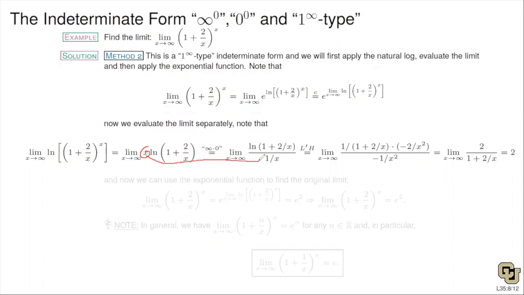Usually we divide by the reciprocal of the simpler expression. So I divide the natural log of 1 plus 2 over x by 1 over x. Now if you send x to infinity and apply the limit, the numerator goes to ln of 1, or 0. The denominator goes to 1 over infinity, or 0. So I have 0 over 0, and I can use L'Hopital's rule.